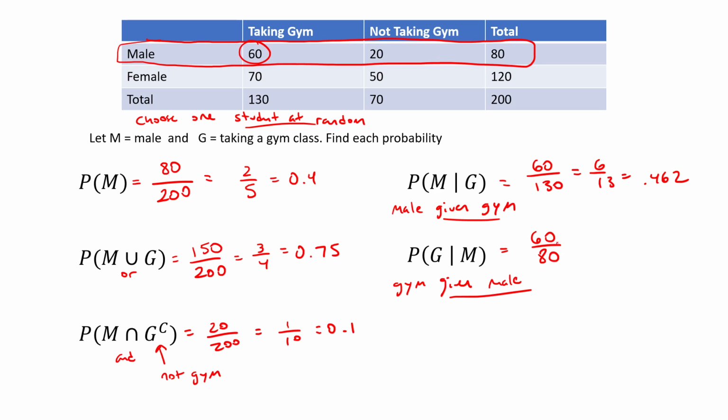So you end up getting the same 60 people, but the probability is out of a different possibility. 80 students are male versus 130 are taking gym. And of course, that's 3/4. So the order matters. You should be able to find these probabilities. You should also be able to do it with a Venn diagram, but it would be sort of the same thing.